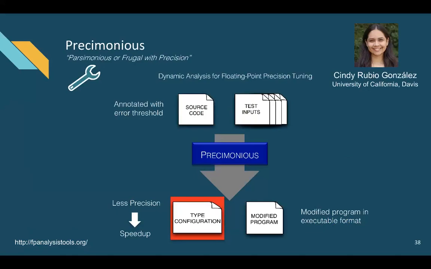The analysis produces a listing of floating point variables and also the suggested types, which the tool refers to as a type configuration. And when the type configuration is applied to the original program, the final program produces a result within the given error threshold, and it is faster than the original program. The source code for this tool is available. The main developer is Cindy Rubio Gonzalez at UC Davis.